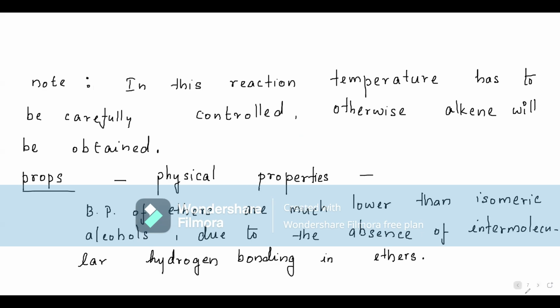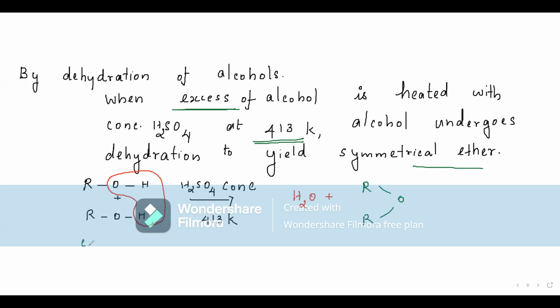Okay, so one example I can give you here: CH3OH plus CH3OH, the second alcohol, treated with concentrated sulfuric acid at 413 Kelvin, undergoes removal of water.